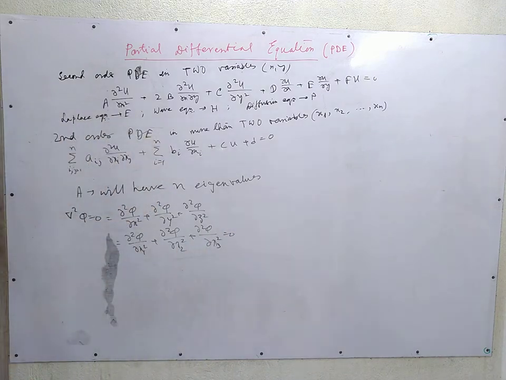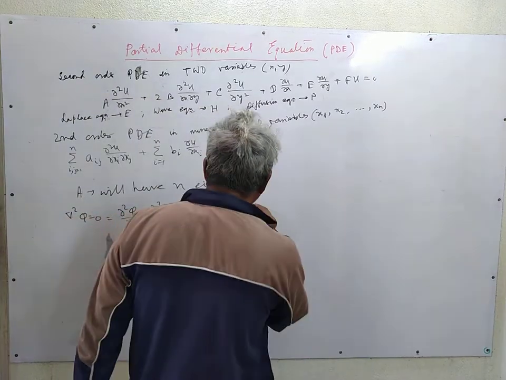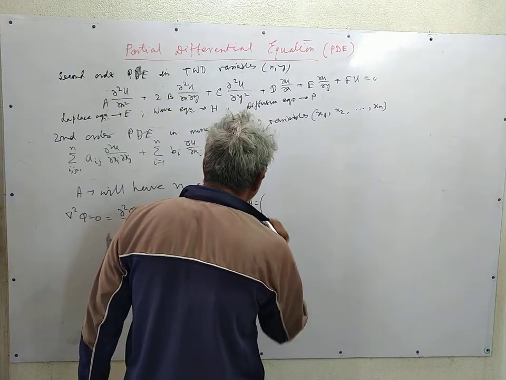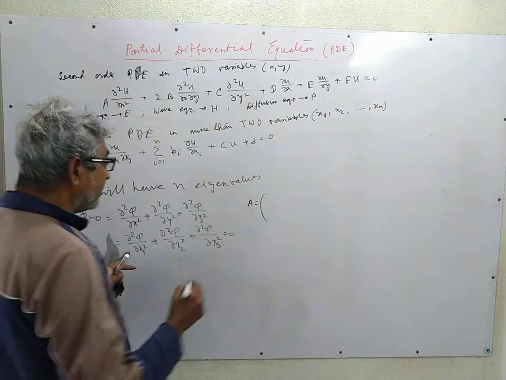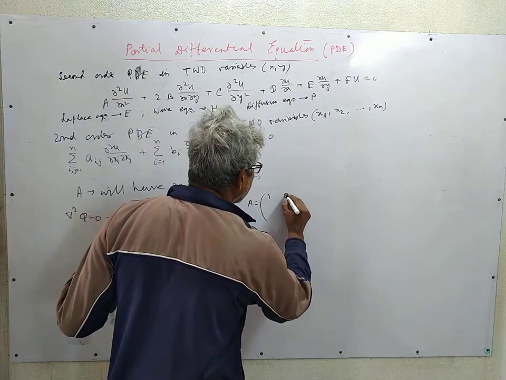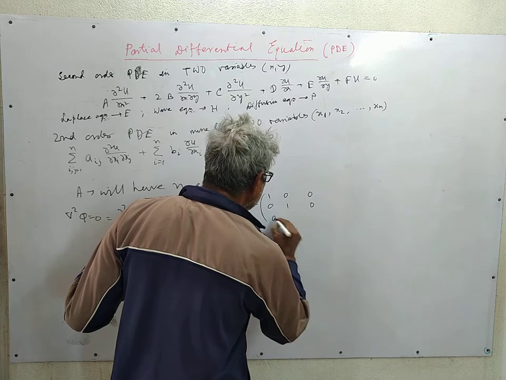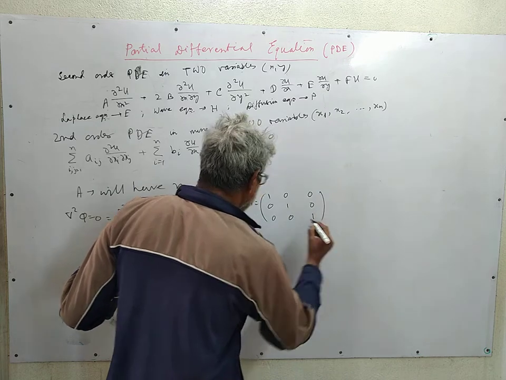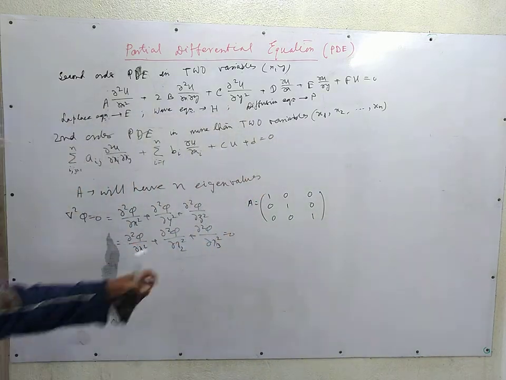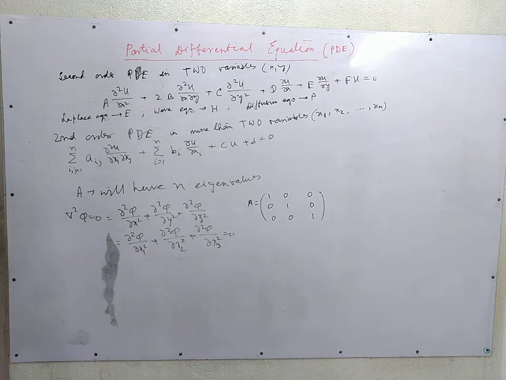So the matrix A will have only the diagonal terms 1 1, 2 2, 3 3, because there is no mixed derivative involved in this equation.